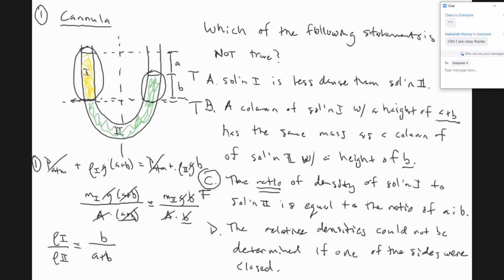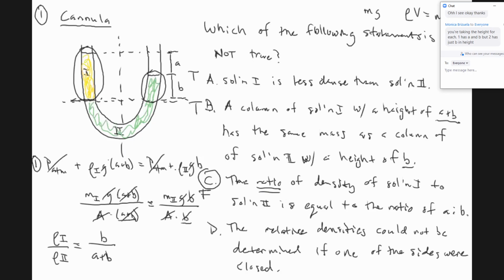Yeah, it's just weight, right? We're looking at the weight of fluid. Since the fluids have different densities, they need to have different volumes, right? Because weight is mg, and density times volume is equal to your mass. Correct.